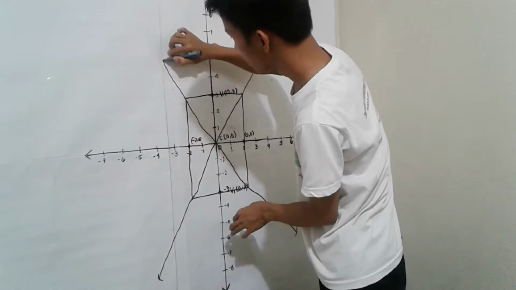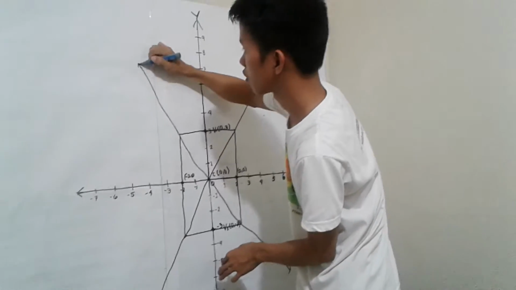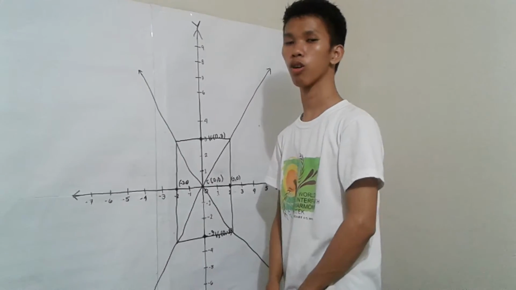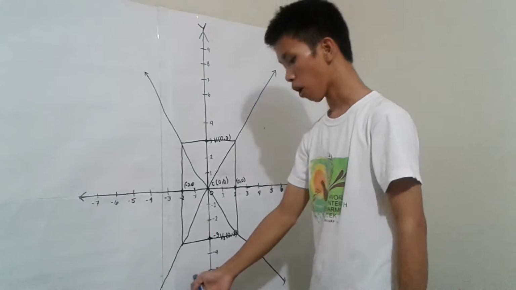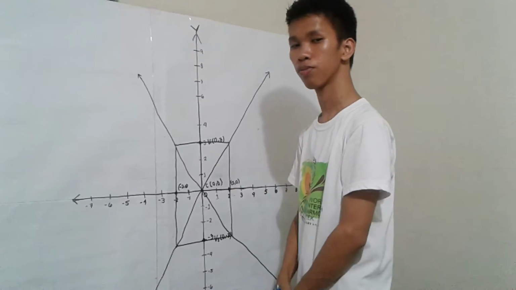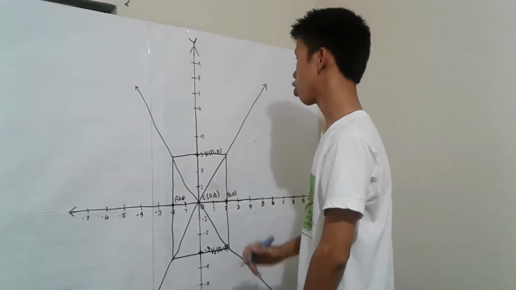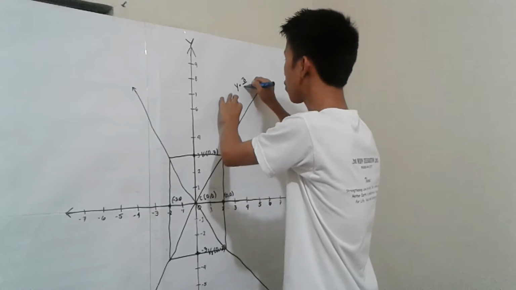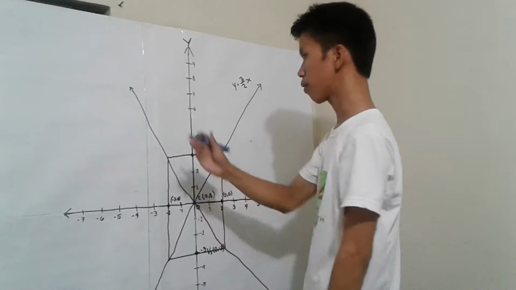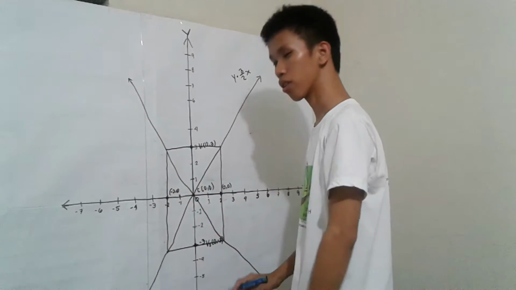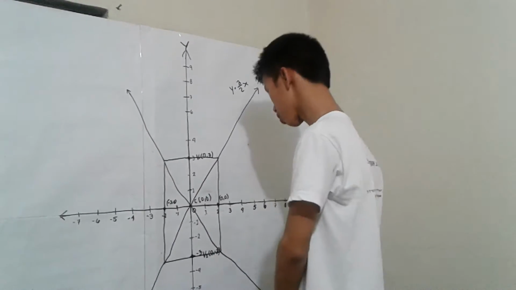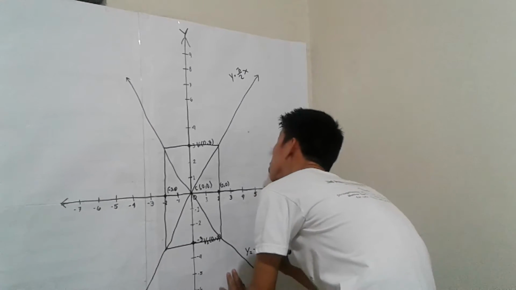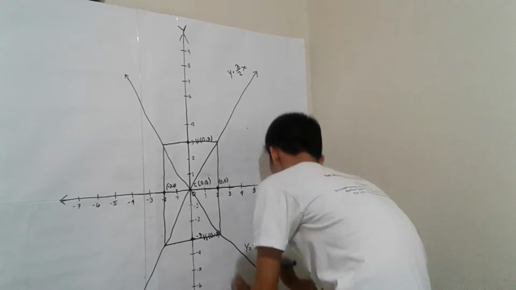These diagonals are called our asymptotes. From downward to upward is our positive slope, so this is y is equal to 3 over 2x. And from upward to downward is our negative asymptote, so this is y is equal to negative 3 over 2x.